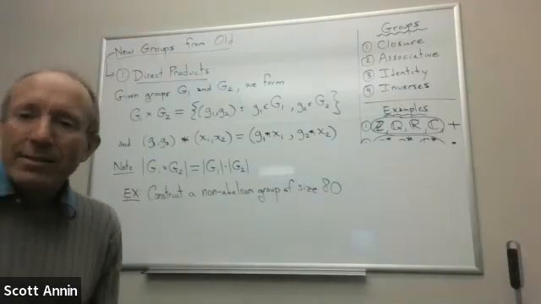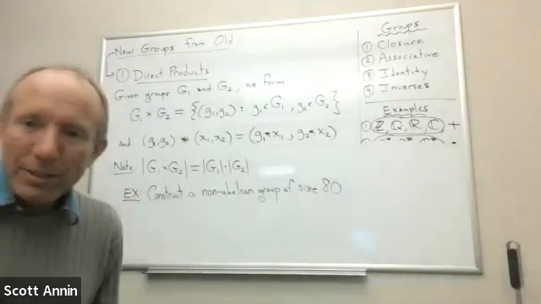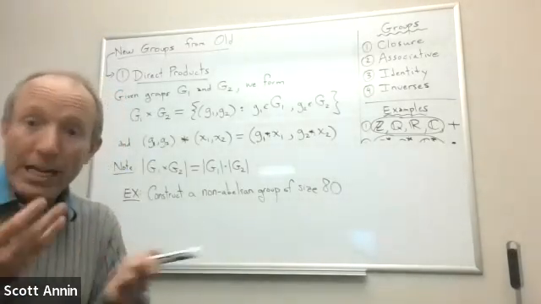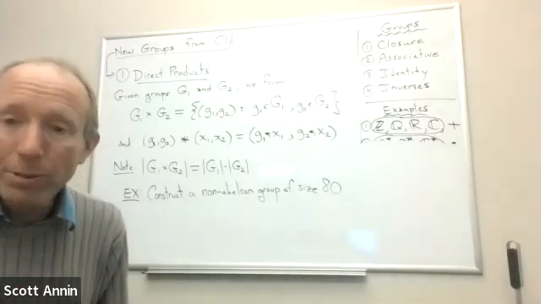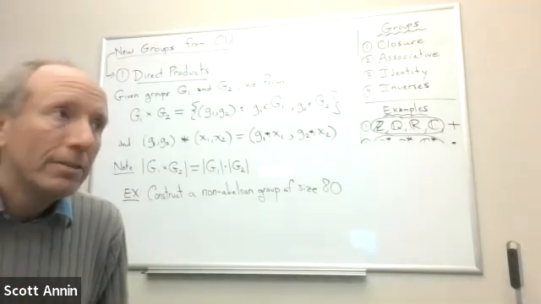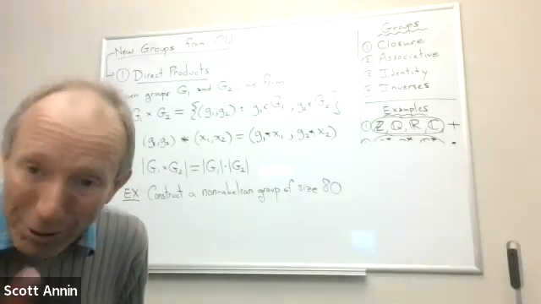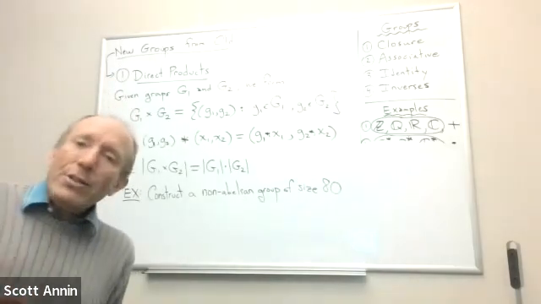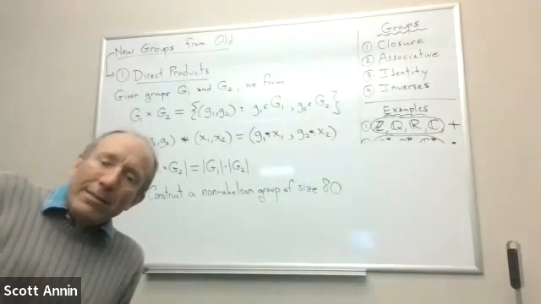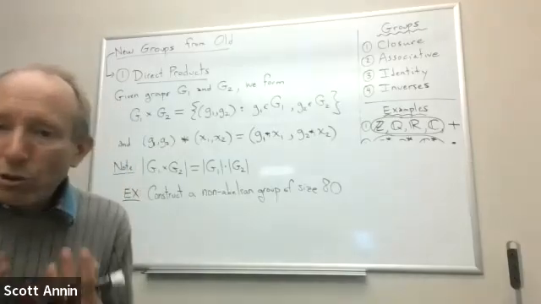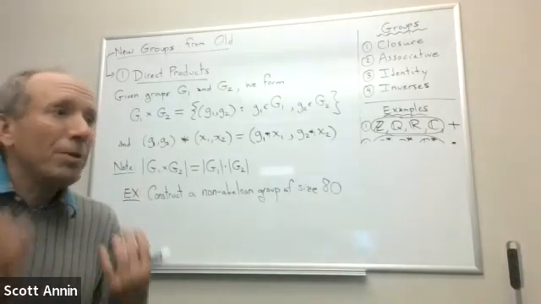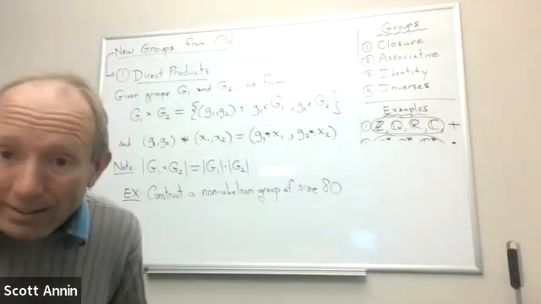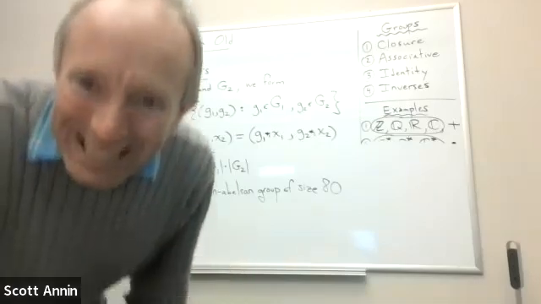Well, 80 is not any particular special number, but I know that I can obtain it by multiplying numbers together. For example, feel free to stop the video, by the way, if you want to think about it first. But 80 is just 10 times 8. So couldn't we just take a group of size 10 and multiply it by a group of size 8? That'll give us a group of size 80.